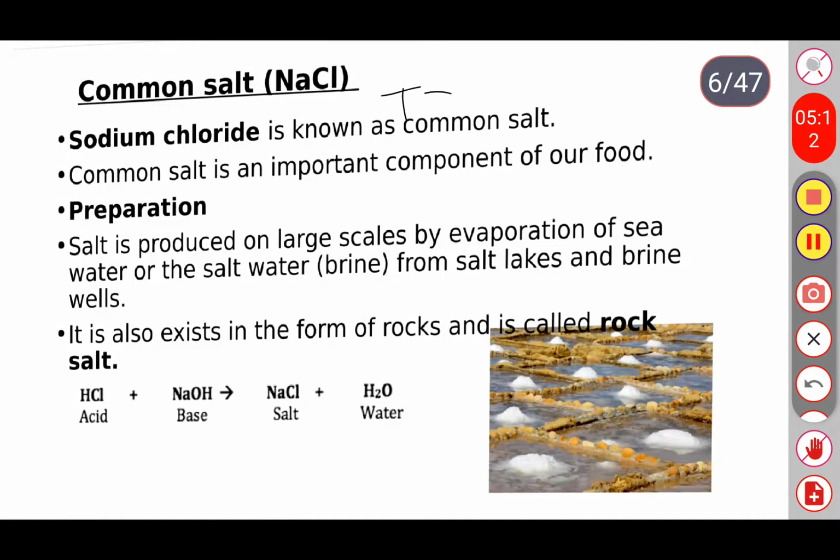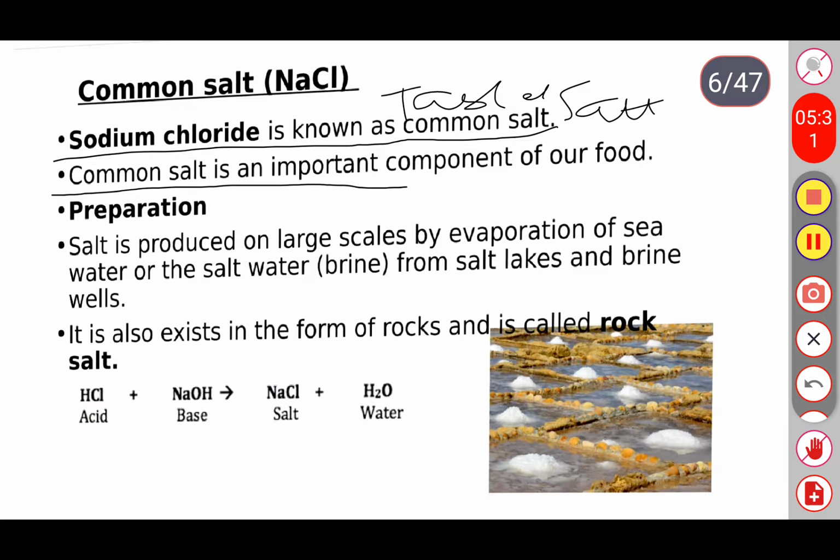So sodium chloride is known as common salt. Another name for sodium chloride is common salt or table salt. Common salt is one of the most important components of our food.